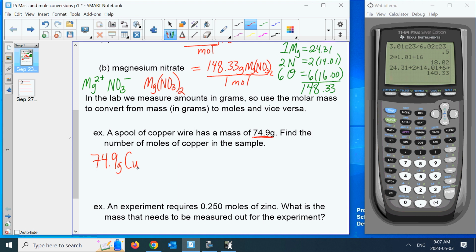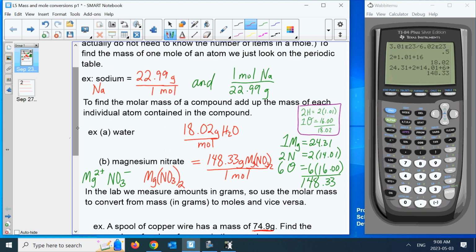It's just copper, not like H2O. So you look up copper on your periodic table: 63.55. Now here's what I'm thinking. 63.55 is the grams for 1 mole. You know how up here I said you can use grams per mole?